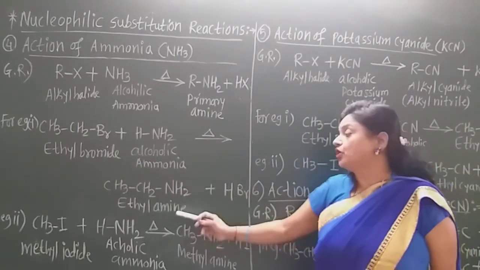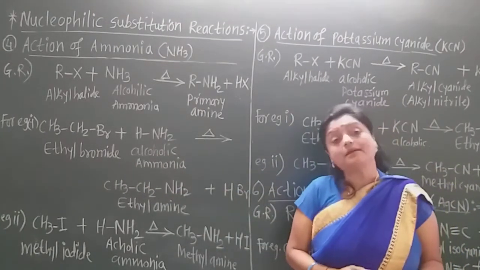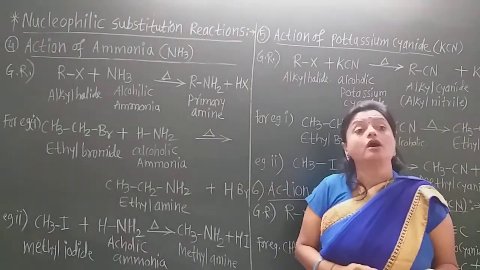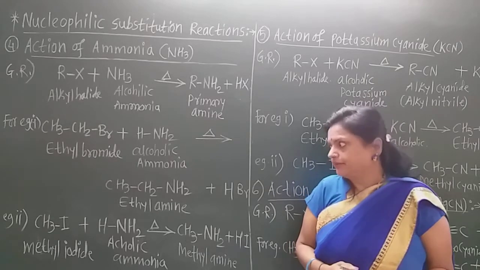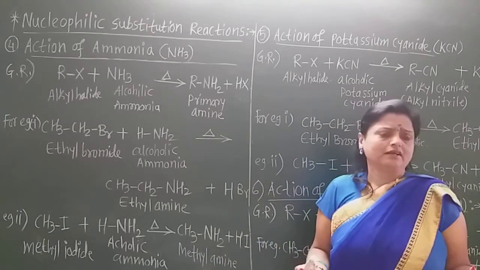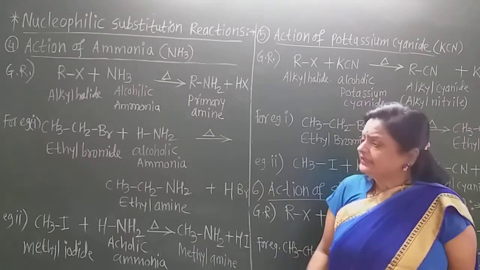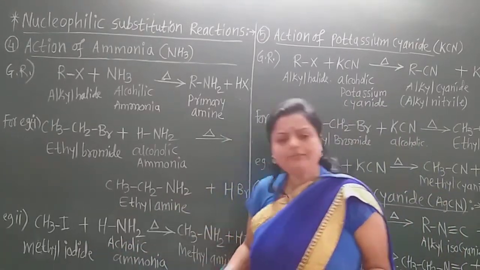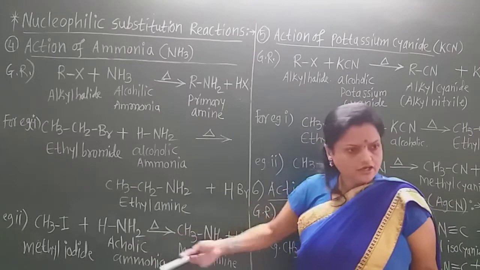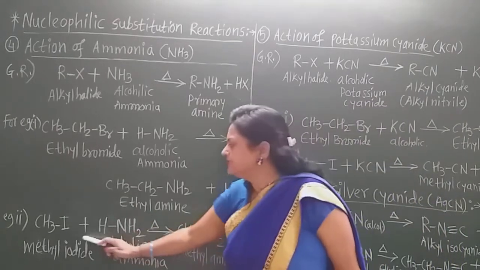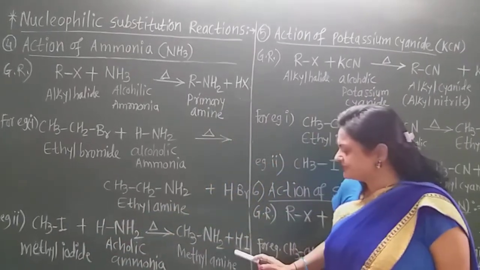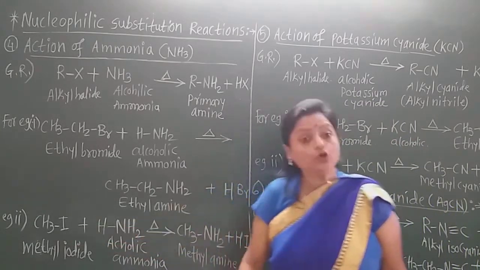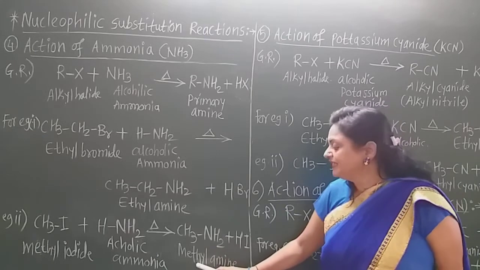In this way we obtain ethylamine as the primary amine by the action of alcoholic ammonia on the alkyl halide. Now take another second example. You can take any alkyl halide. I take methyl iodide. When methyl iodide reacts with alcoholic ammonia, what forms? HI is removed as the byproduct, and the NH2 group is directly attached to the alkyl group, and there is formation of methylamine.